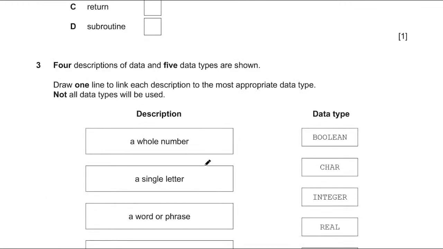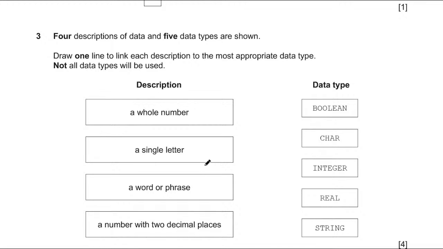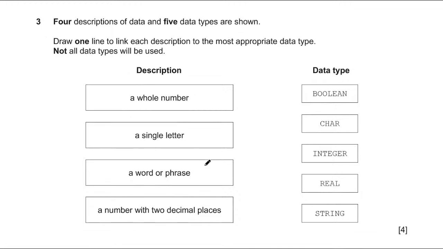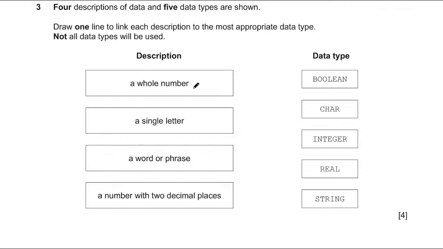4 descriptions of data and 5 data types are shown. Draw one line to link each description to the most appropriate data type, a whole number. What is the data type that can contain a whole number? Write it in the chat below. I'll give you 5 seconds to write. That is an integer, a single letter.